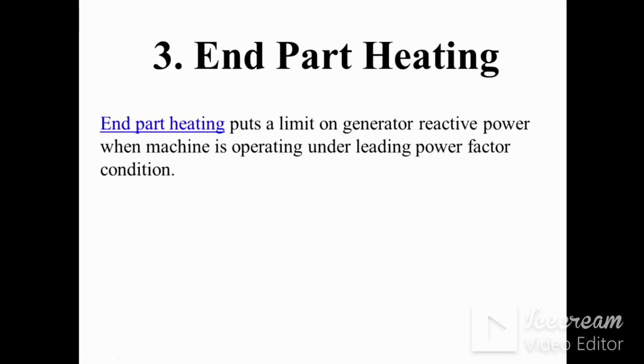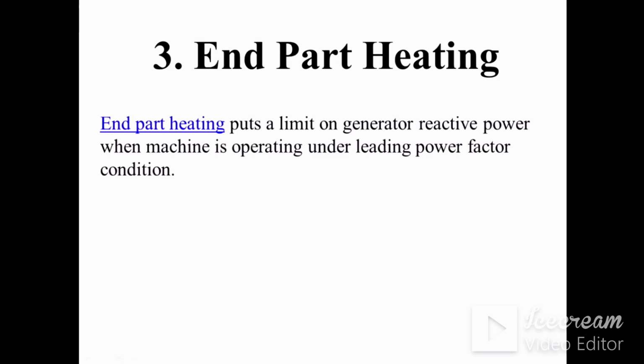Eddy currents will be induced, and these eddy currents will be so high that they will cause heating, and this heating will increase with respect to time. You know the heating curve, so it increases with respect to time.